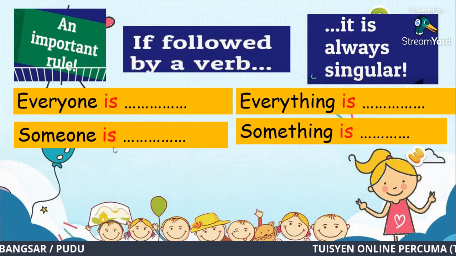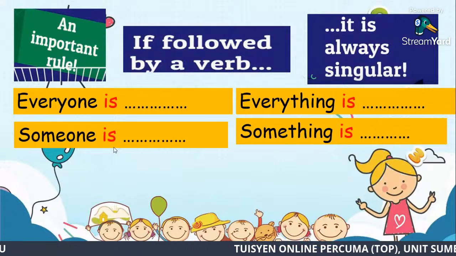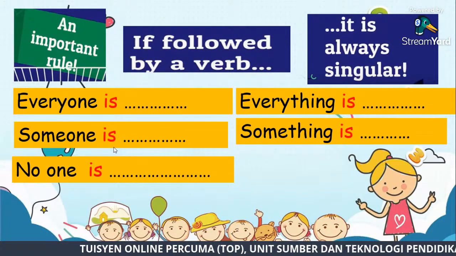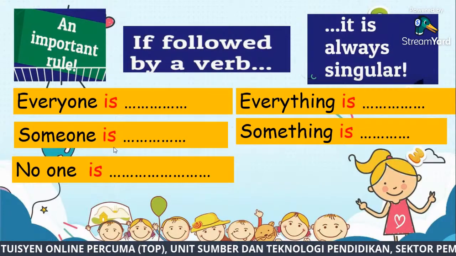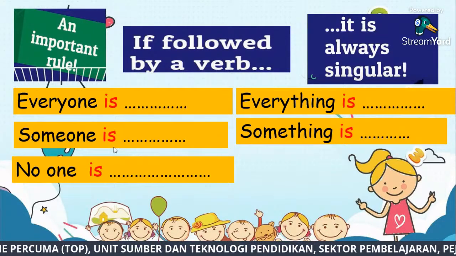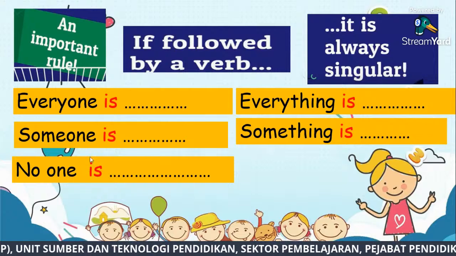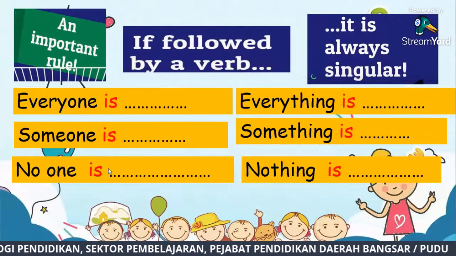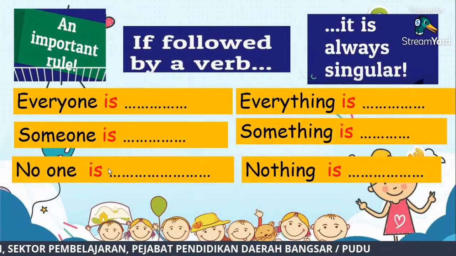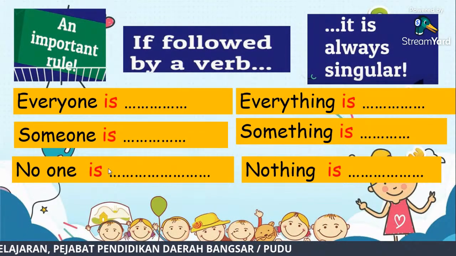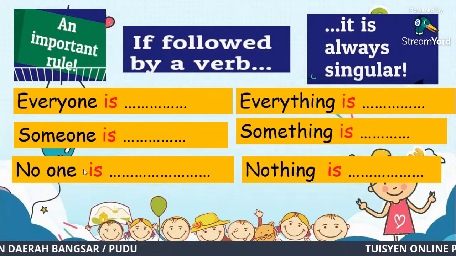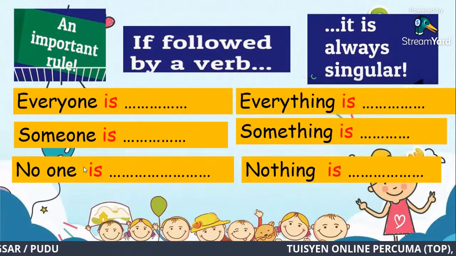Something is also is. And when you're talking about no one, that is also is, and nothing is also is, although you don't have anyone there. But you still have to use is. So that is the rule that you have to follow.